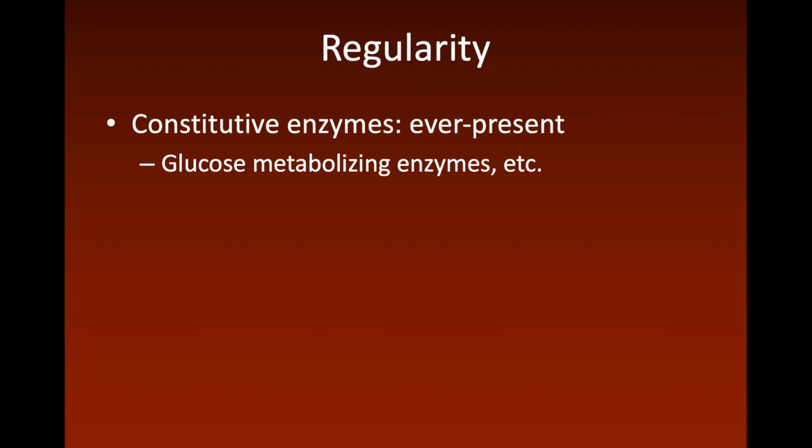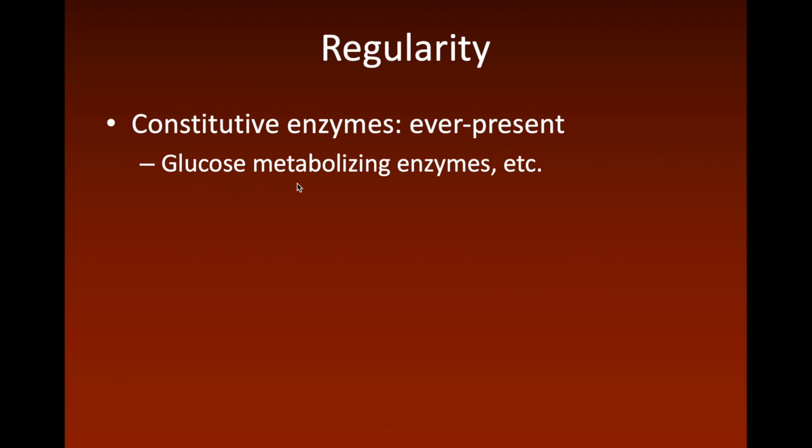Now, some very specialized enzymes are always present. So that means the cell is always making them and always keeping them in the on position. They're always functioning. We call these types of enzymes constitutive enzymes. They're ever present, not just being made, but also being functional enzymes.